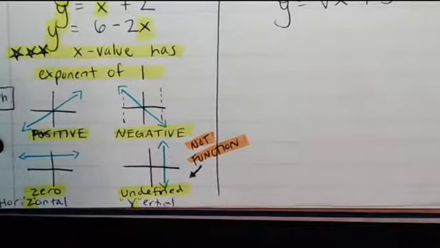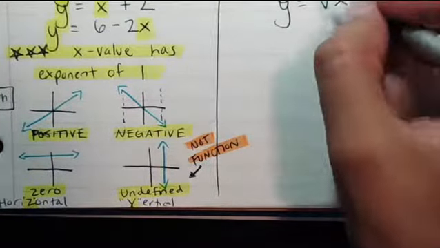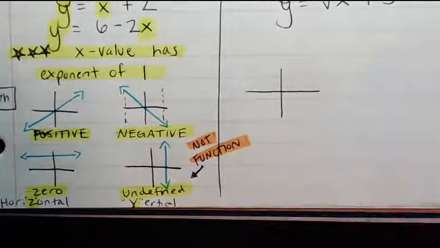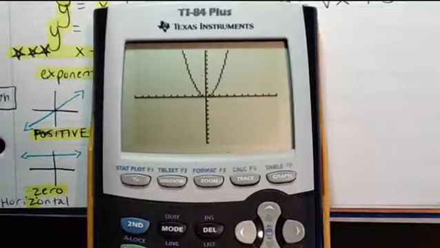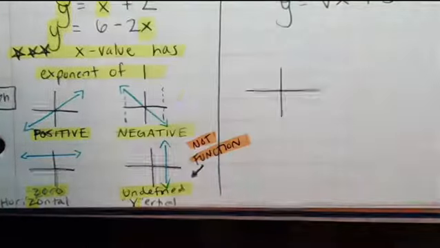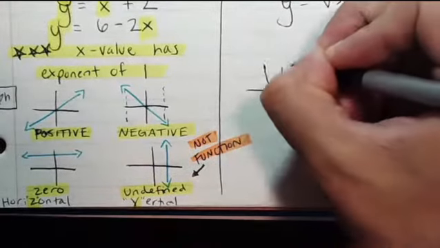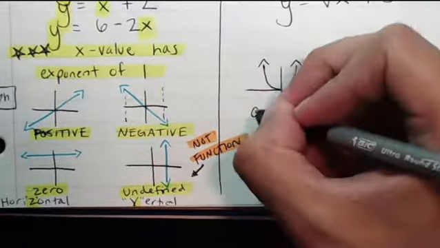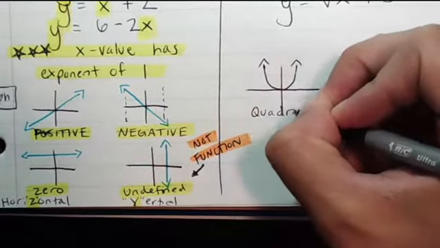Now, what are some graphs that are not functions? We typed in, or I showed you, y equals x squared. So if I pull my graph up again, this is y equals x squared. I'm going to go ahead and draw that U shape. It's not a straight line, so that would be considered not linear. This is called a quadratic function.